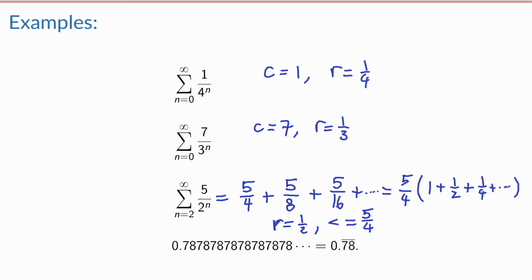And so that's an example of a less than obvious example of a geometric series.